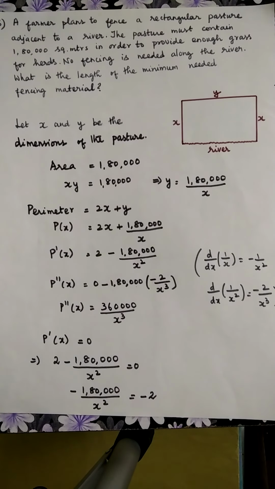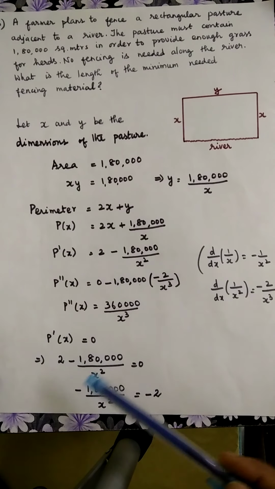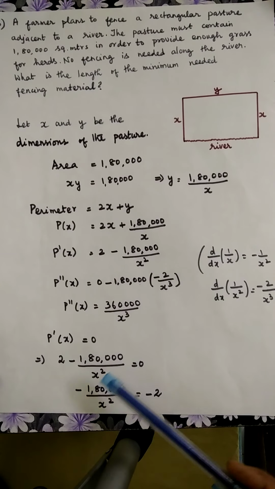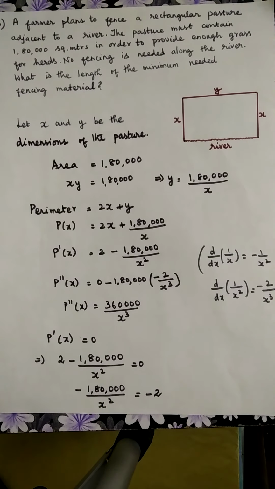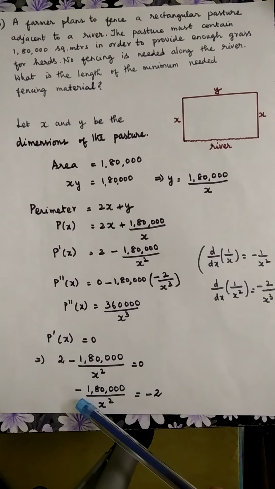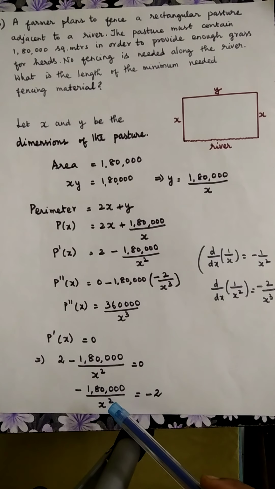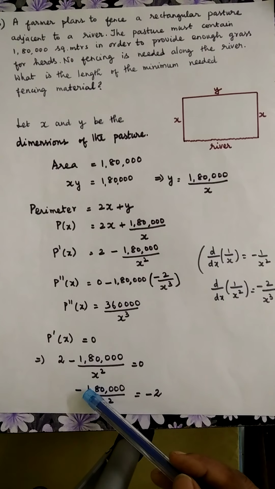Now to find the value of x, put first derivative equal to 0. P dash of x equal to 0. 2 minus 1,80,000 by x square equal to 0. Taking to right hand side, minus 1,80,000 by x square equal to minus 2. Cancel minus sign on both sides. 2 you can cancel with this 1,80,000. Cancel பண்ணீங்கன்னா 9 times.